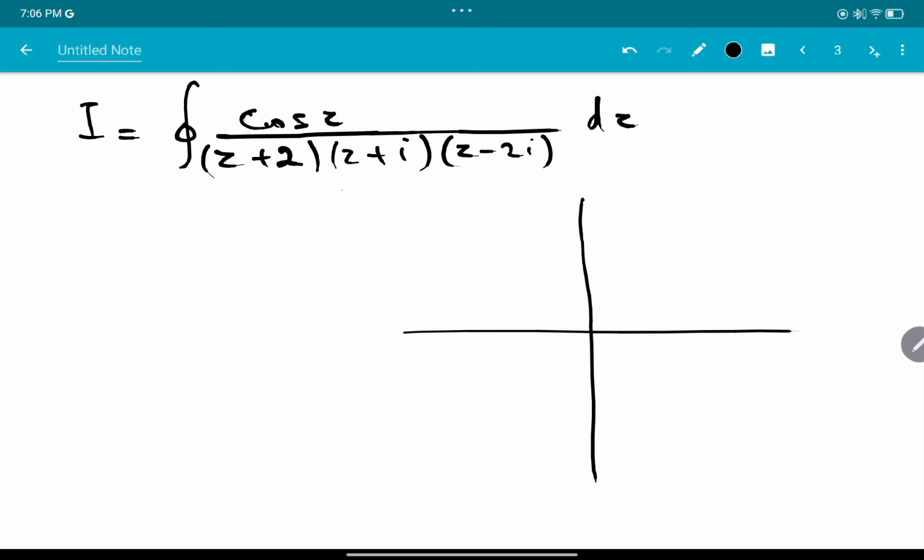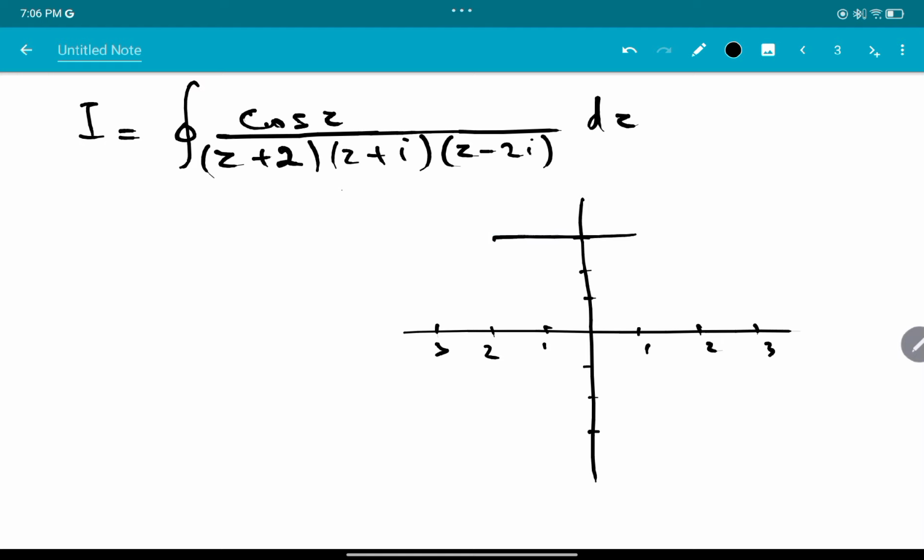Look here. Suppose this is 1, 2, 3, and 1, 2, 3, and so on. The path passes like this.